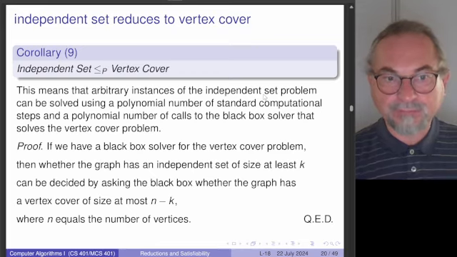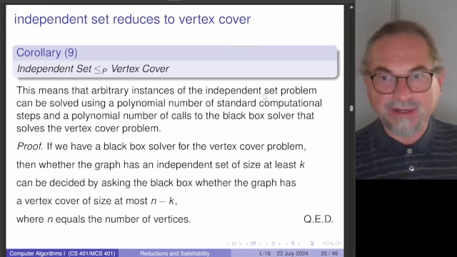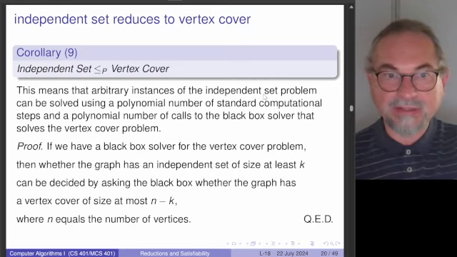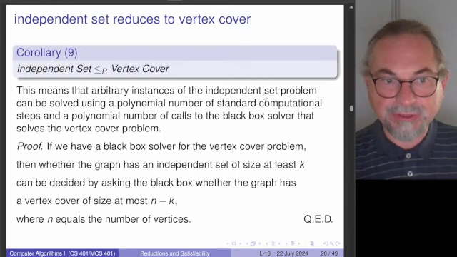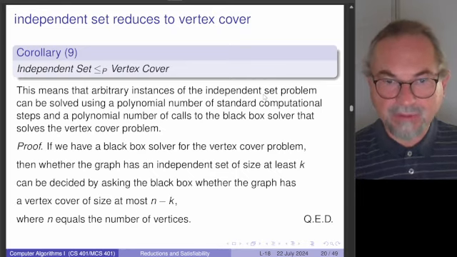So for the decision problems, because we have the complement, size k becomes size n minus k. And of course, which is not stated here, taking the complement runs in linear time.